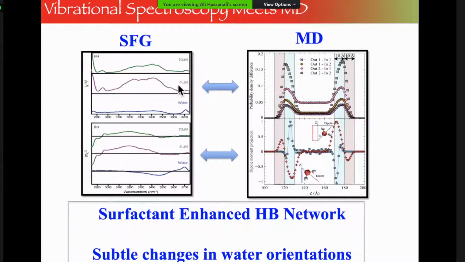So there are essentially two things you should take away from the slide. On the left panel are the SFG spectra, and what you see is that when you go from a neat air-water interface, so without surfactant, to a surface with surfactant, there's a red shift in the spectra. And what a red shift in the spectrum means is there's an enhancement of the hydrogen bond interactions. So that's rather surprising and interesting, right?